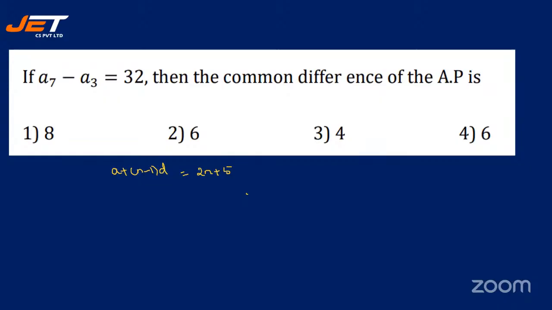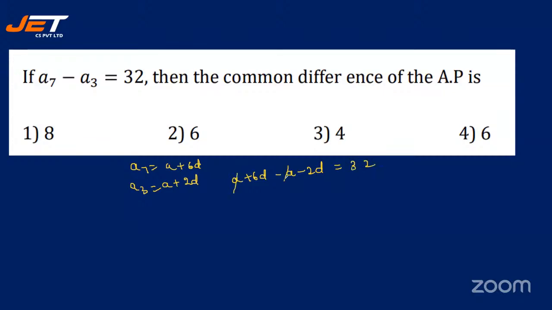A7 minus A3 is 32. Then the common difference of the AP is dash. Right? So, once again. A7 is A plus n minus 1 into D. A3 is A plus n minus 1 into D. So A7 minus A3 is equal to 32.